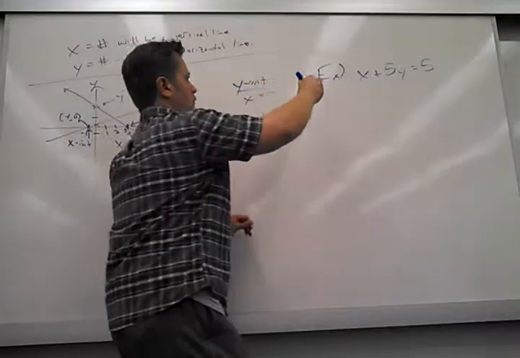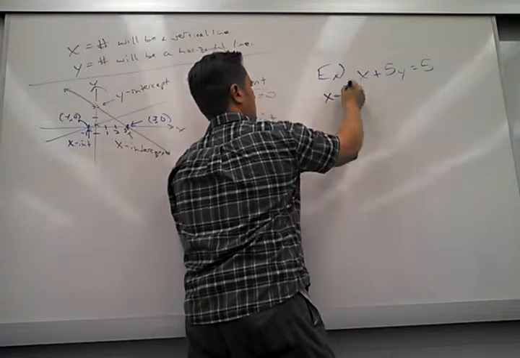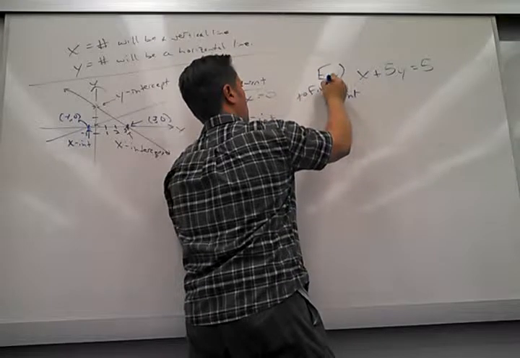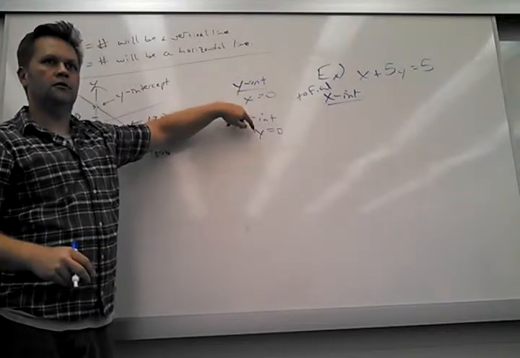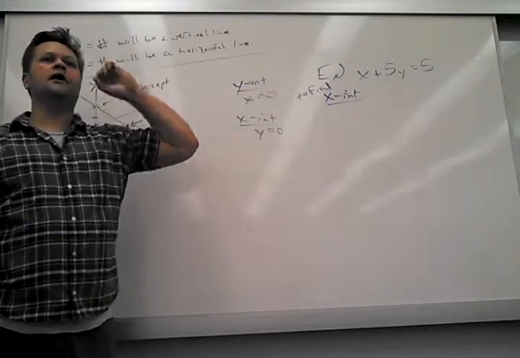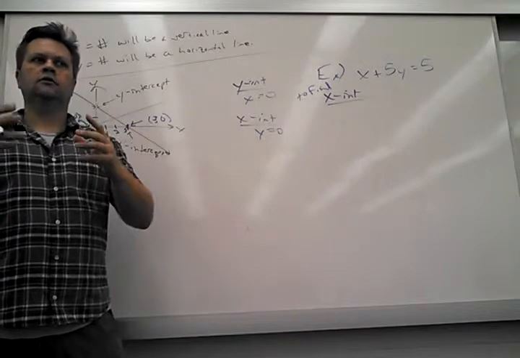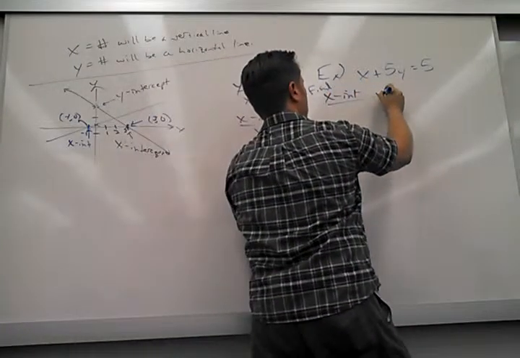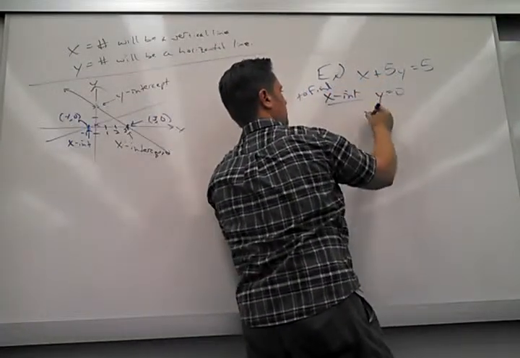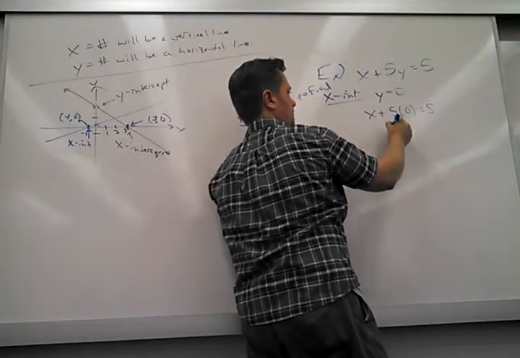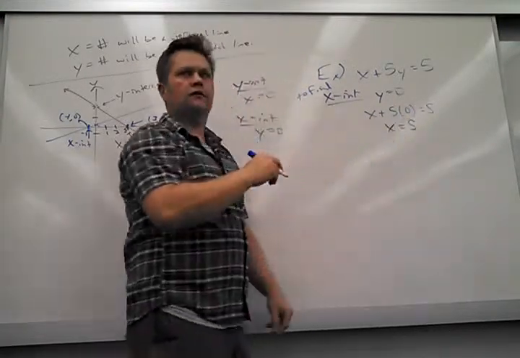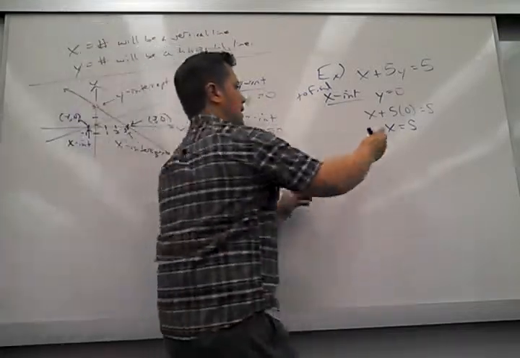So to find the x-intercept, what's true at the x-intercept? Y is 0. So to find it, I force y to be 0. So if I set y equal to 0, what do I get from my equation? X is 5.